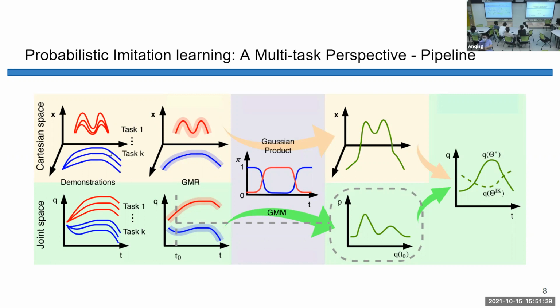And in order to sequence them together, we can consider to use the so-called Gaussian product to blend the probabilistic trajectories in the Cartesian space. And to also preserve the imitation fidelity in the joint space, we consider to exploit the robot redundancy to optimize the null space parameters such that the robot can also imitate trajectories in the joint space level.